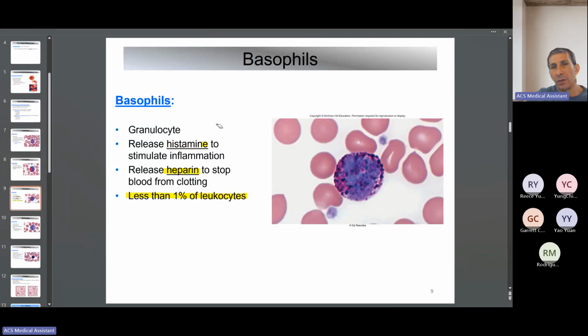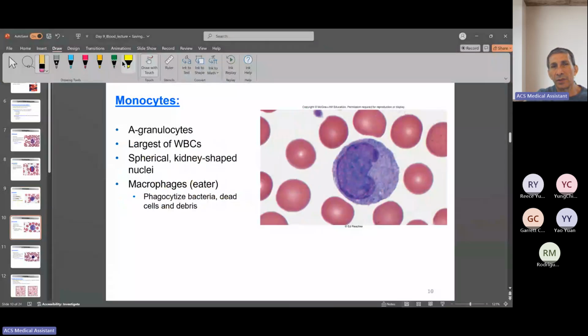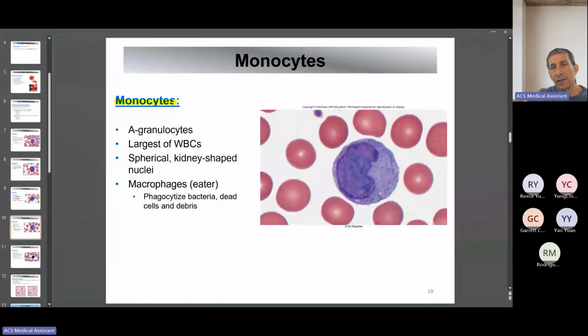Let's talk now about the agranulocytes, the non-granulocyte group. We start with the monocytes. Here they are. These are agranulocytes, non-granulocytes. It says that this is the largest of the white blood cells. Why?